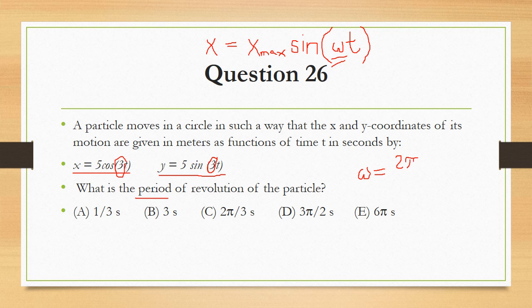It's the number of radians in a circle divided by the period of a circle, T, capital T for period. So if I rearrange this just to find the time, we would determine that the period T is 2 pi over omega. In other words, 2 pi over these 3's. So 2 pi over 3 is the correct answer.